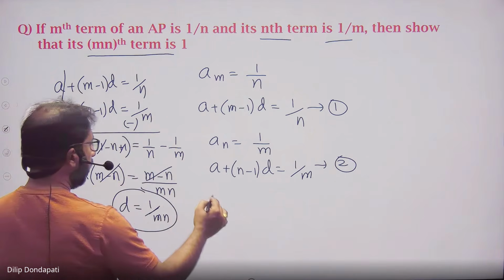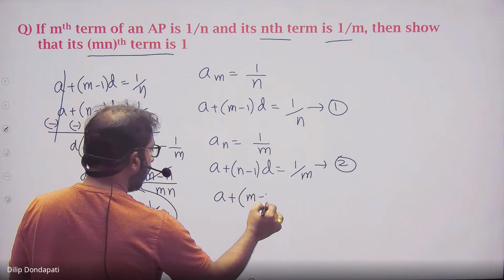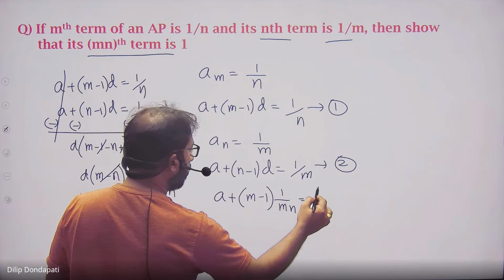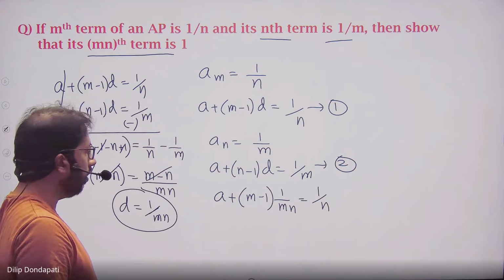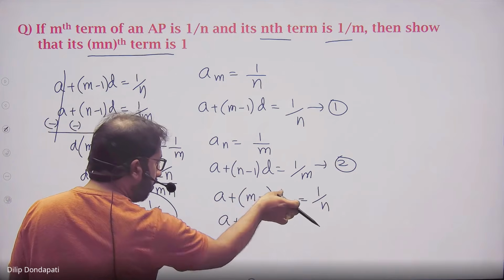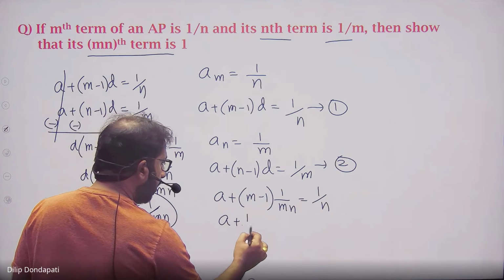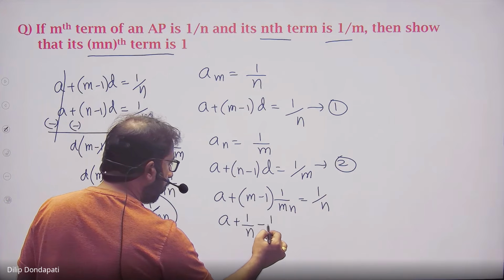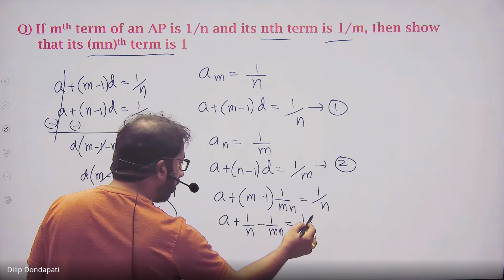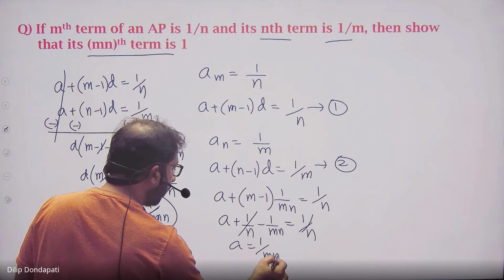So a plus m minus 1 into d के जगह में 1 by mn is equal to 1 by n. Okay, so a plus, 1 by mn दोनों को multiply करने का, right? m by mn will be 1 by n minus 1 by mn is equal to 1 by n. So 1 by n, 1 by n cancel. a is equal to 1 by mn, which is same as d.